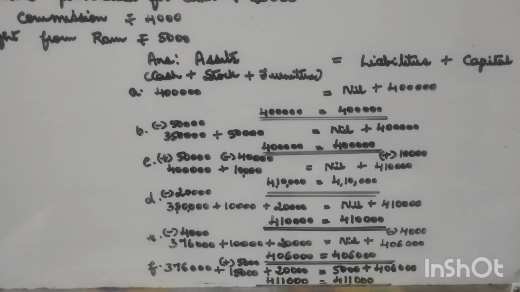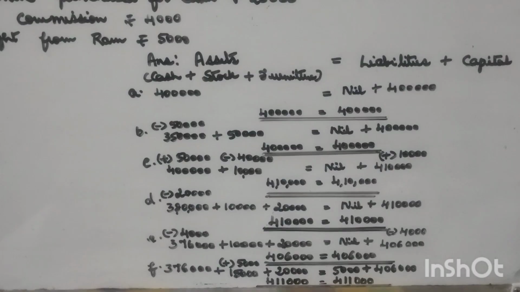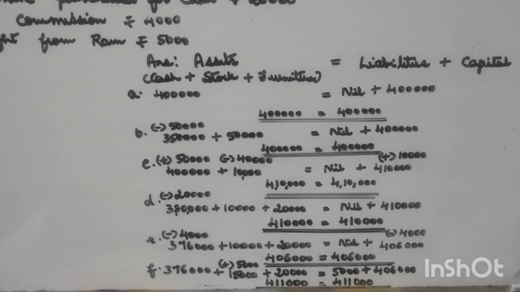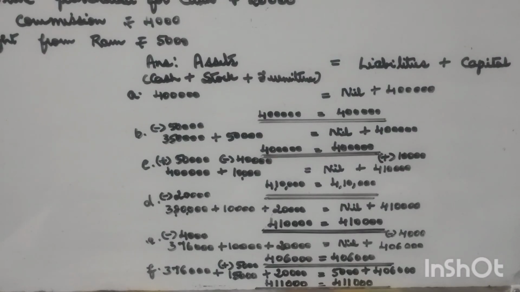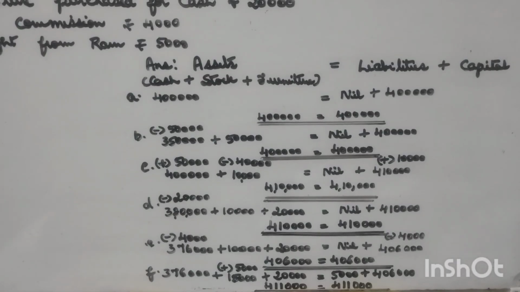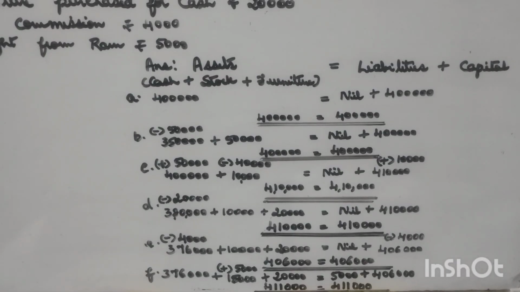Stock is 10,000 and furniture, as it is being purchased, is one of the fixed assets that appears on the asset side. The value of the furniture is 20,000. That is equal to firm's liability nil and capital amount 4,10,000. So we can equalize the accounting equation: 4,10,000 is equal to 4,10,000.